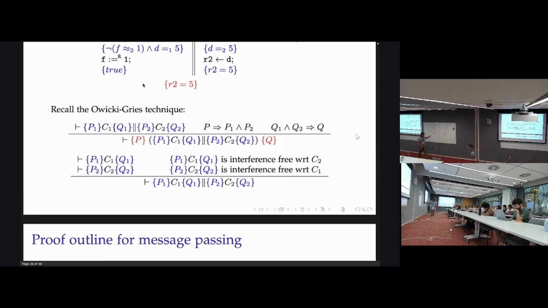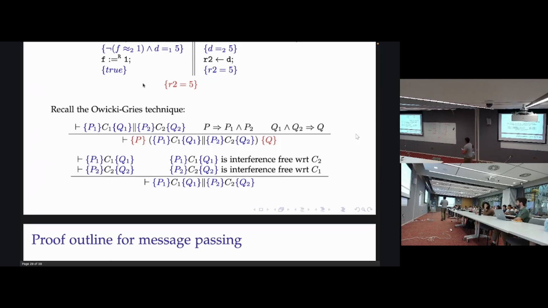Okay, so we're happy with that? So now, in the Owicki-Gries technique, essentially what you need to do is deal with this problem.